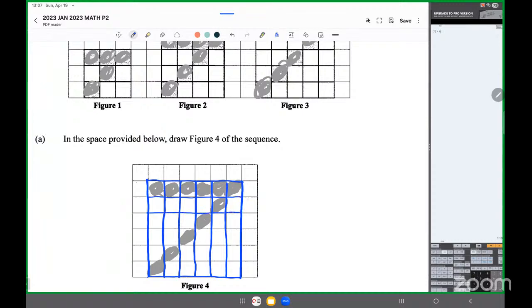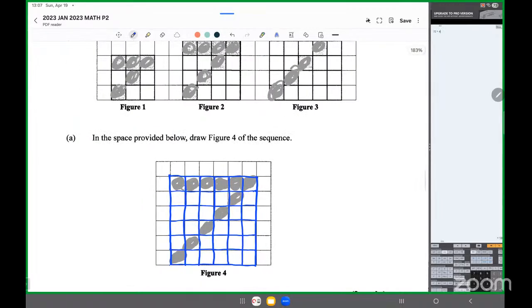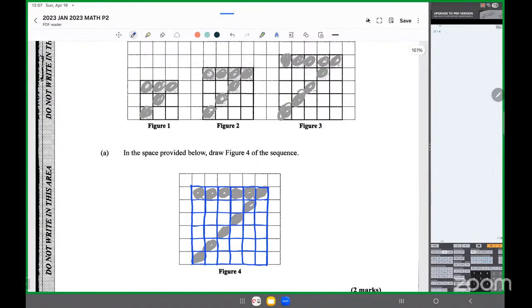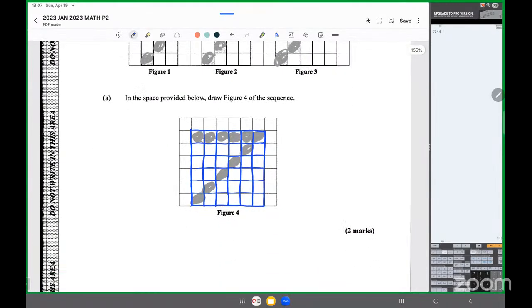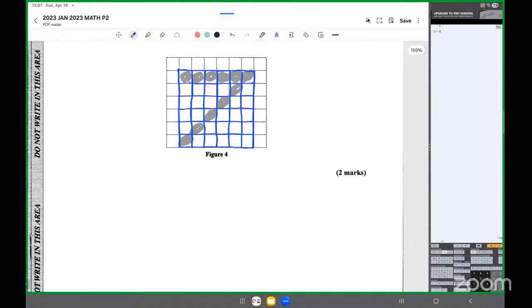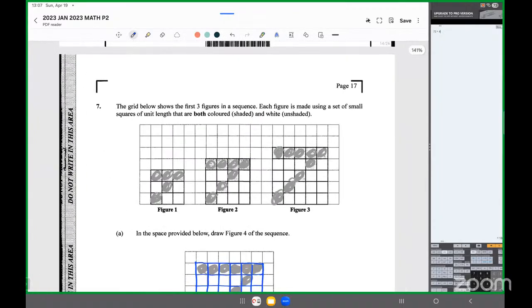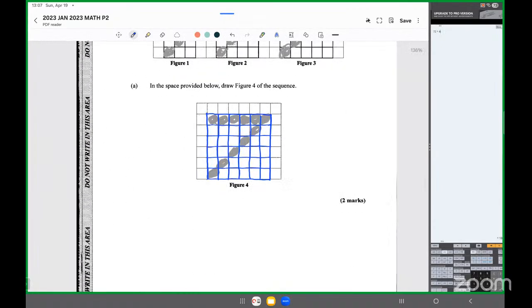They have colored, and I could say shaded and unshaded, or colored and white. All right, that is it. That gives us the first 3 and we'll draw the 4th one. All right. So that finishes that.